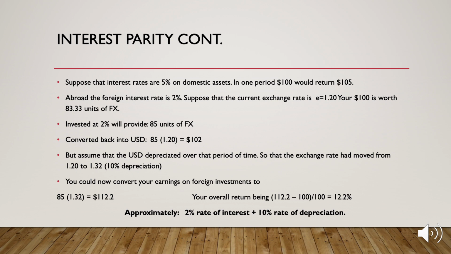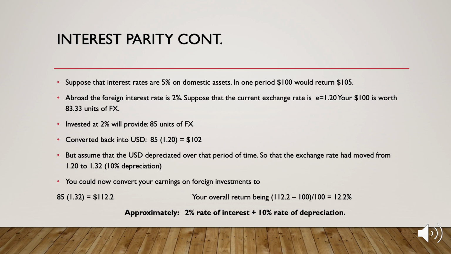Your alternative to this investment is to invest abroad. Investing abroad entails an interest rate of 2%. Now, that might make you think I should invest domestically, but remember there's another component to the foreign rate of return. Suppose also that the current exchange rate is 1.2, and so your $100 is worth 83.33 units of foreign exchange once it's been converted into foreign currency.